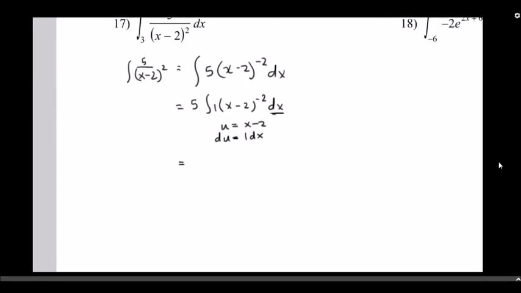So I'm going to go ahead and do my u substitution. This is just going to be u to the -2 du. And then if we do the general power rule, remember you add 1 to the exponent and then divide by that exponent.